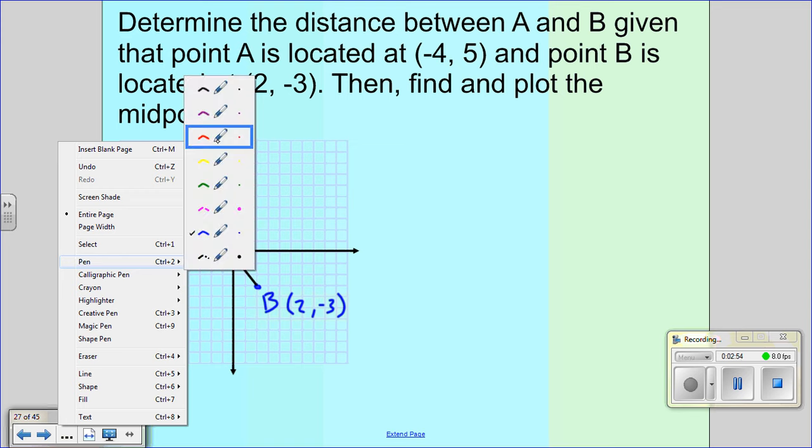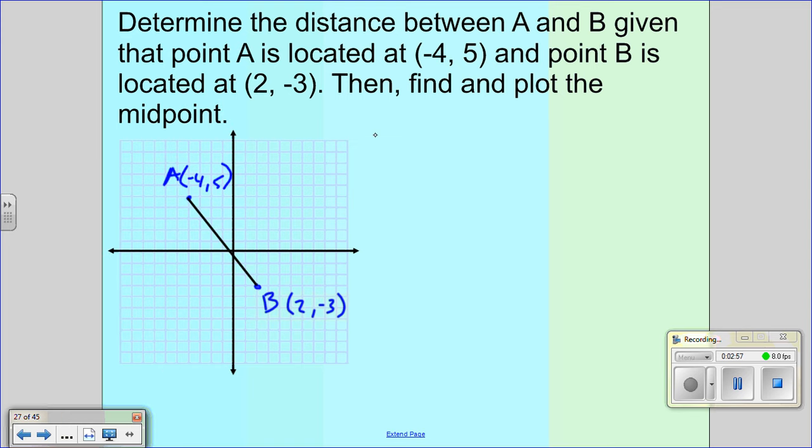Again, the distance formula. So we would say AB is equal to the square root of (x2 minus x1) squared plus (y2 minus y1)... Sorry, there's a little delay in my writing here for some reason. I have no control over that.